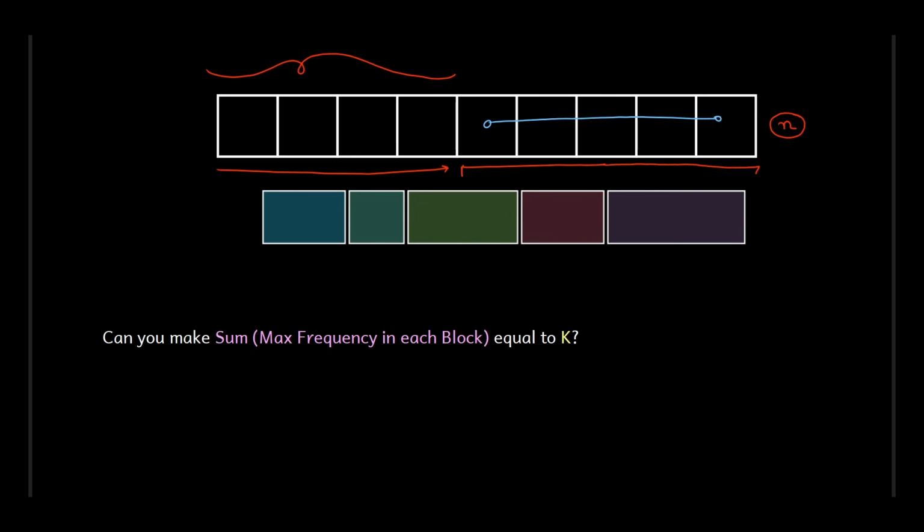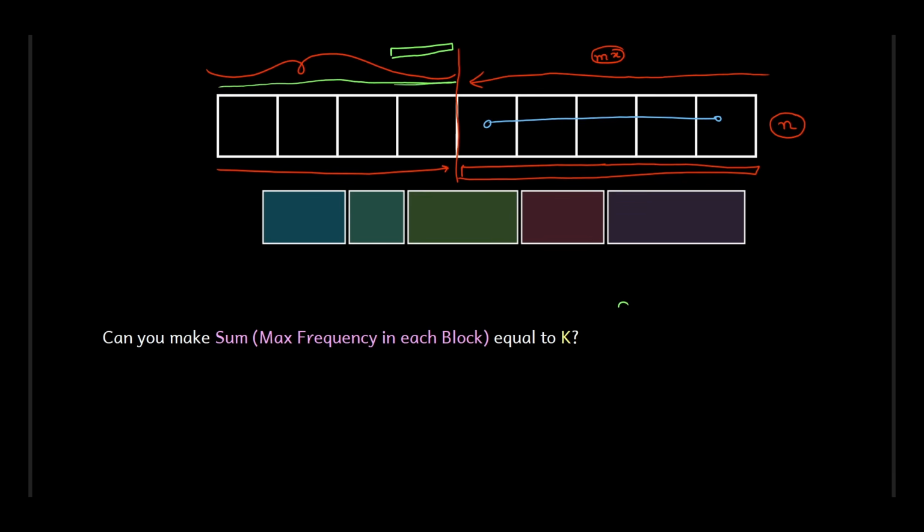This would be easy to maintain in a map, since you are iterating from right to left and only adding elements to the map, so you can keep track of the maximum frequency. So you know the contribution of this block, and once you decide to make a cut over here, you are now interested in finding out how many distinct k values this cut can produce. So you actually have to store all the possible distinct k values.